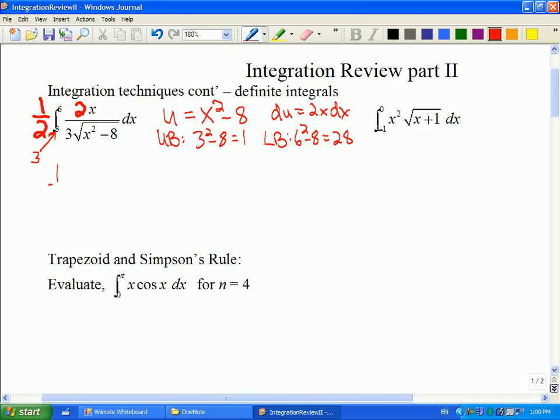I would have 1/2 the integral from 1 to 28 of du over root u, and there's still a 3 that's there. So at this point I could use the power rule in order to figure out what this integral would give me for an antiderivative. So that exponent is -1/2. One higher will be 1/2.